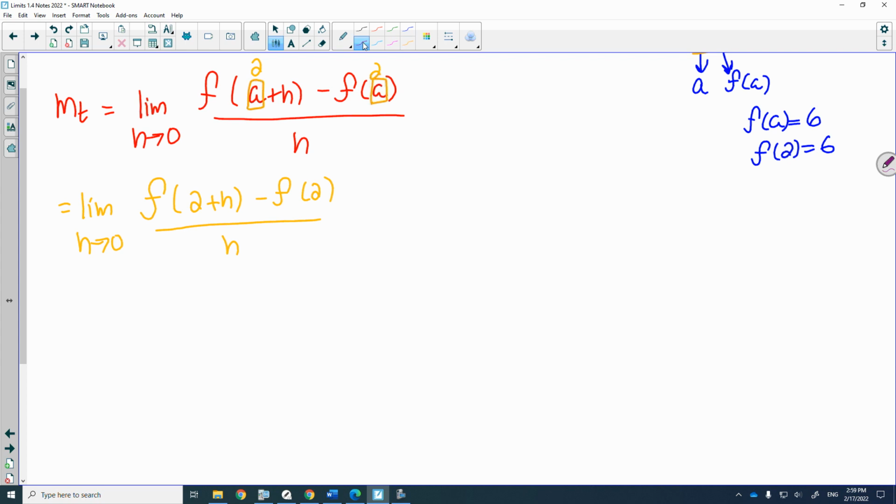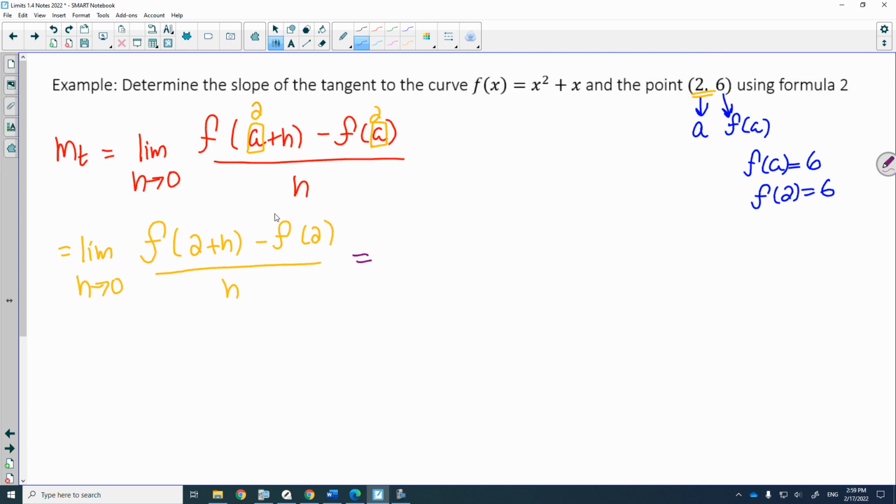Here's where it gets to be more work than Formula 1, because they're telling me to input 2 plus h into my function whenever I see an x. So this was my given function, and whenever I see an x, I need to input 2 plus h.